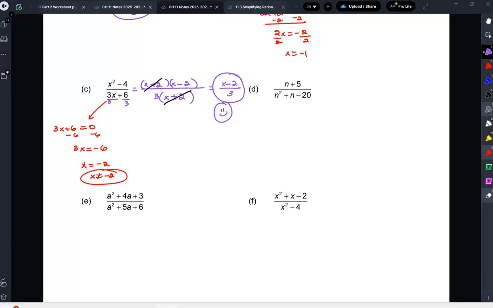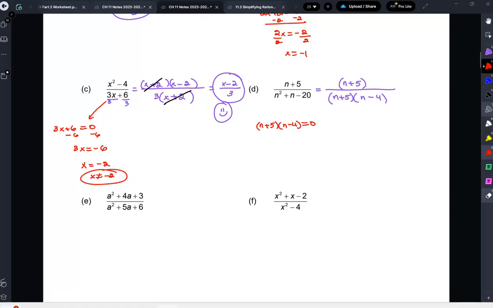Okay, here, let's factor this first. n plus 5, I always put parentheses around them. n plus 5, n minus 4. So now, let's do excluded values before canceling, right? Take the denominator, set it equal to 0.